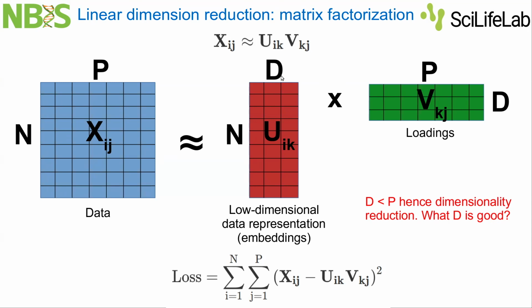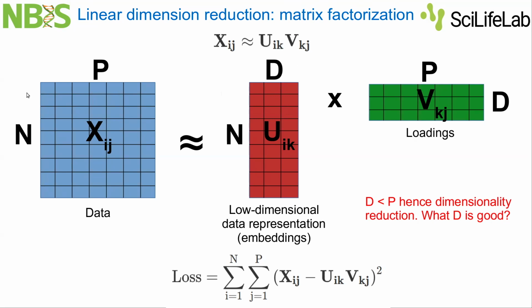And here it opens lots of opportunities for you. This D dimension can be dramatically smaller than P, the original dimensionality of our data. By P, I mean the number of genes, for example. So you can go from maybe 20,000 protein coding genes to just 2 or 3 dimensional data.